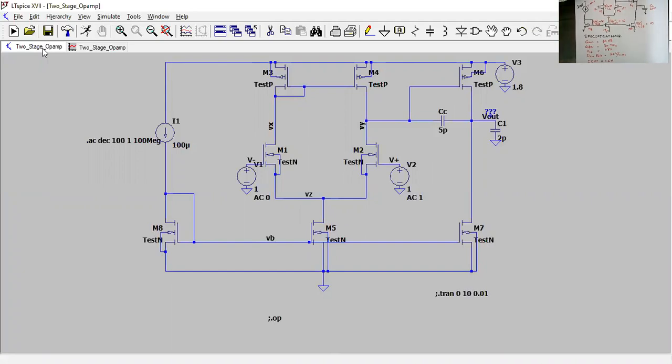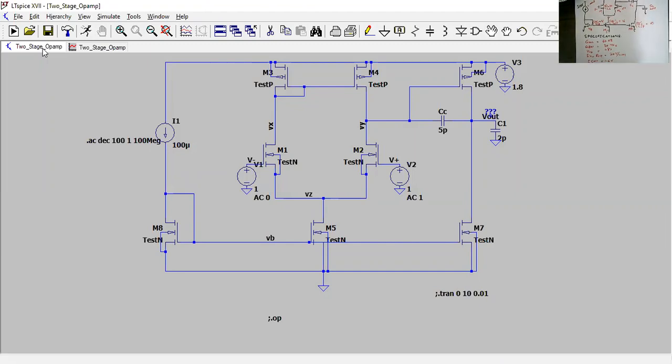The first one: they are different because the hand calculations are approximate, not exact, and they don't take care of all the complex behaviors of the transistors, so they are not accurate. And why do we do them then? Because they give us a very good starting point for our simulation.